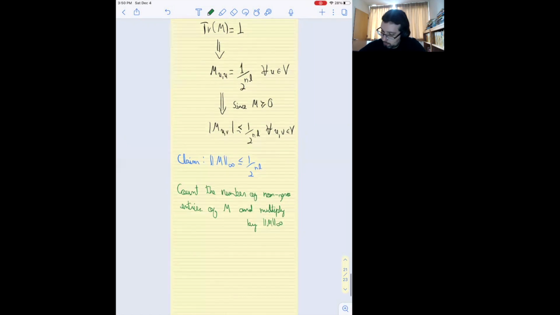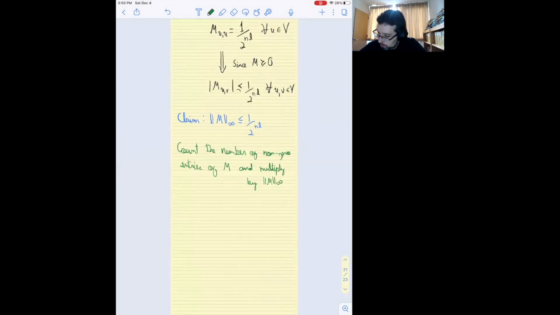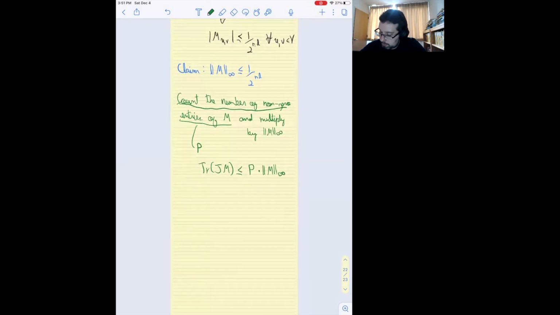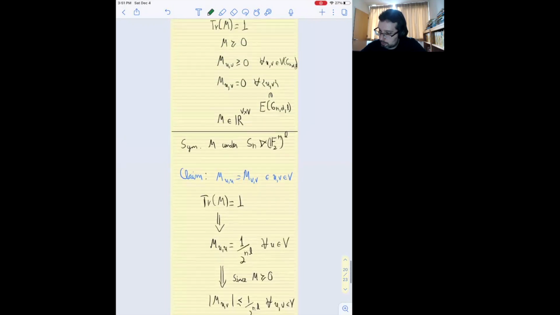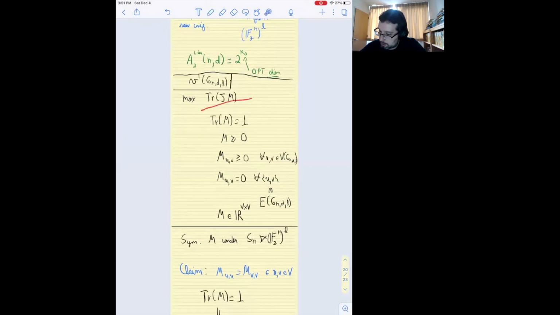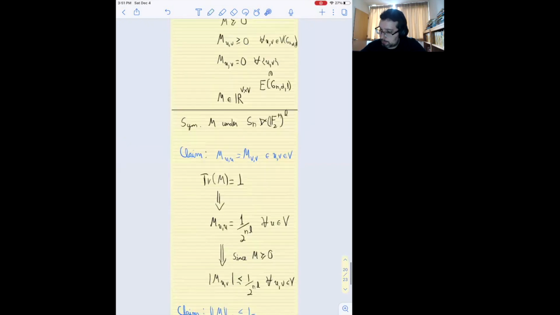Let's give a name to the number of non-zero entries, some quantity P. So the objective function is going to be bounded by this quantity P times the infinity norm. This is the objective value of the theta prime. Recall that the objective value of the theta prime is precisely this, so we'll be giving an upper bound.